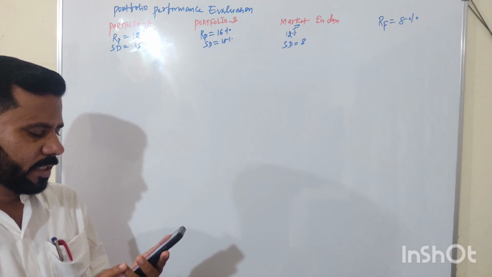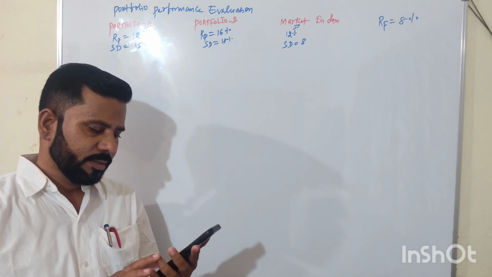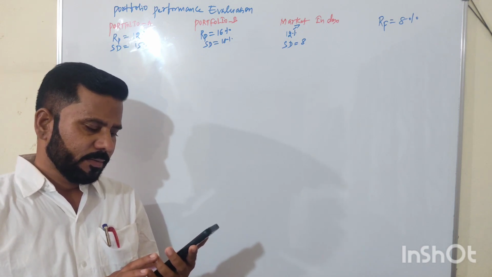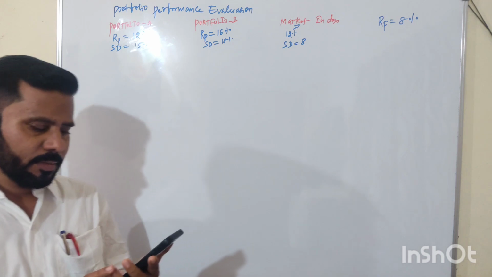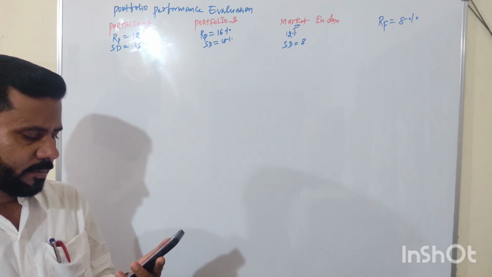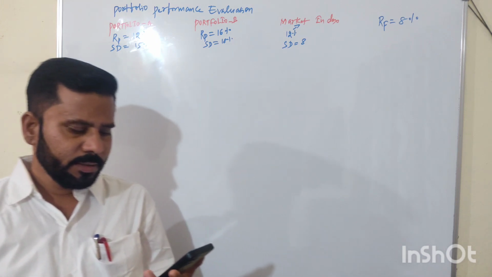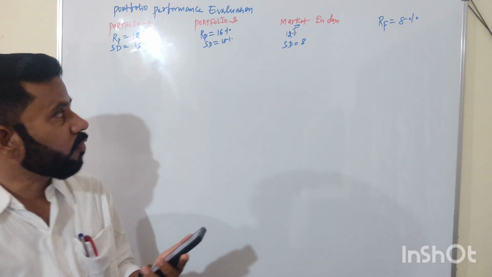Actually, a 4-column table is given in the problem: particulars and the percentages like return, standard deviation, RF, like that. Fund X and Fund Y.